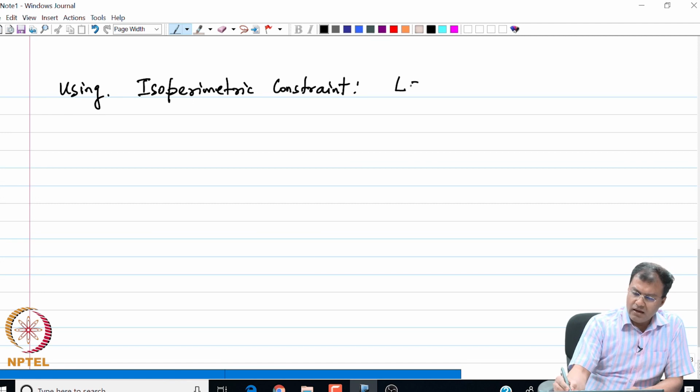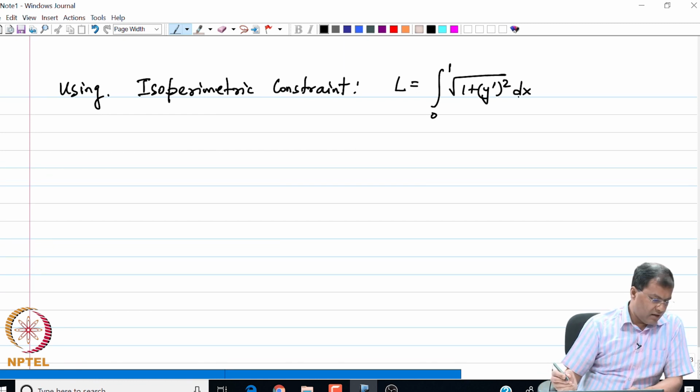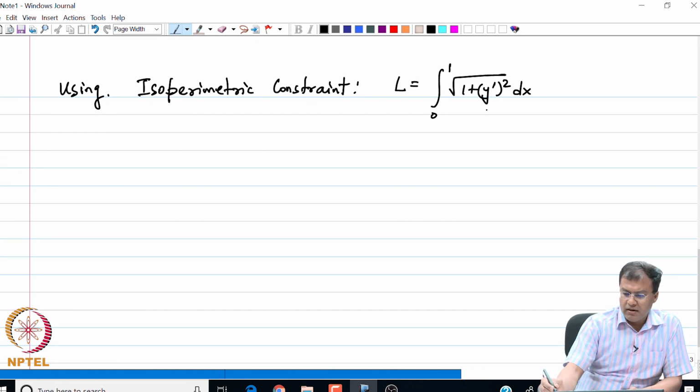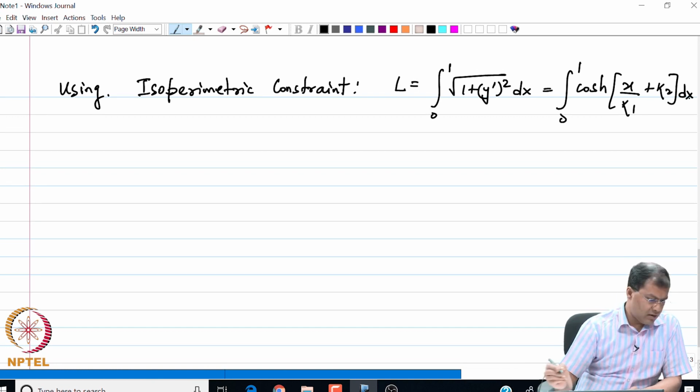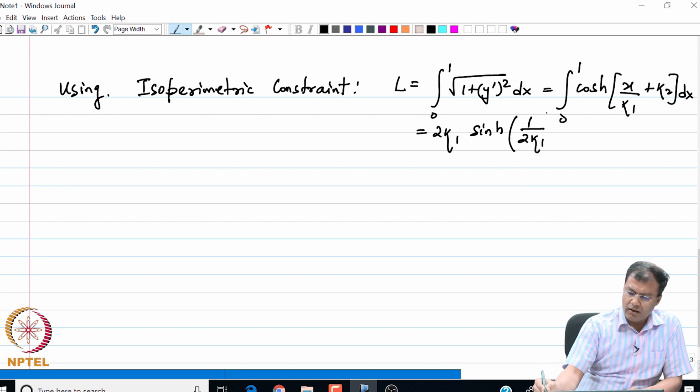I see that L, the integral from 0 to 1 of square root of 1 plus y prime square dx, after plugging in the value of y prime, taking the derivative, is also equal to the integral from 0 to 1 of cosh of x by kappa 1 plus kappa 2 dx. And this is also equal to 2 kappa 1 sinh of 1 by 2 kappa 1.